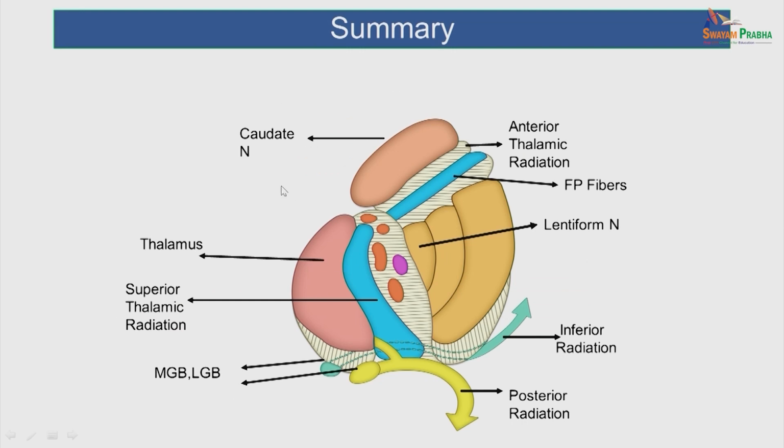Then we have the internal capsule, which conveys the 4 radiations. These 4 radiations are the anterior thalamic, the superior thalamic, the inferior thalamic and the posterior thalamic radiation.